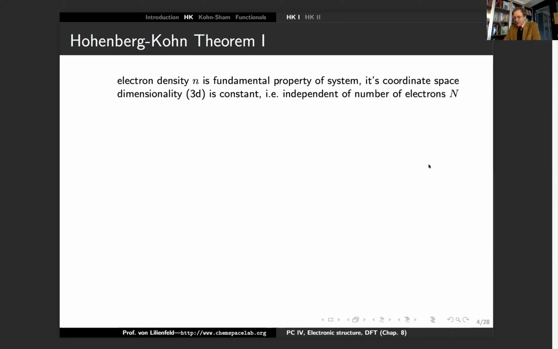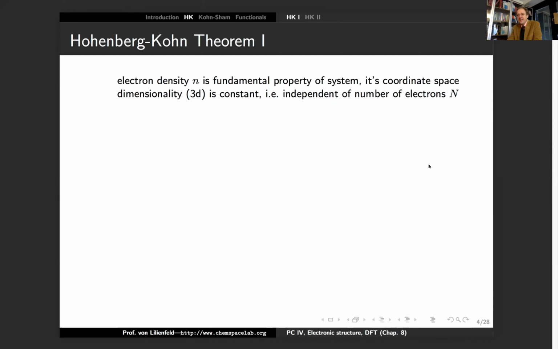And we discussed how to calculate it already. Now, what's remarkable about it is that it is three-dimensional, right? It's a function of three dimensions, x, y, z. You can intuitively, as we discussed, imagine it like a cloud of electrons. Now, that means that its dimensionality is independent of your number of electrons, so it's independent of your number of particles, right?